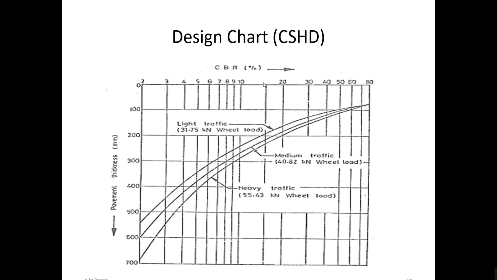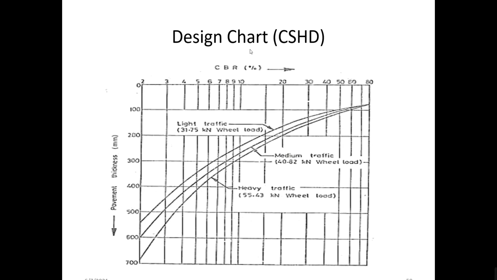But later it could be extrapolated for many different percentages of CBR, say for example 20, 30, 40, 50, 60, 80, depending upon the previous curves shown in the design chart.